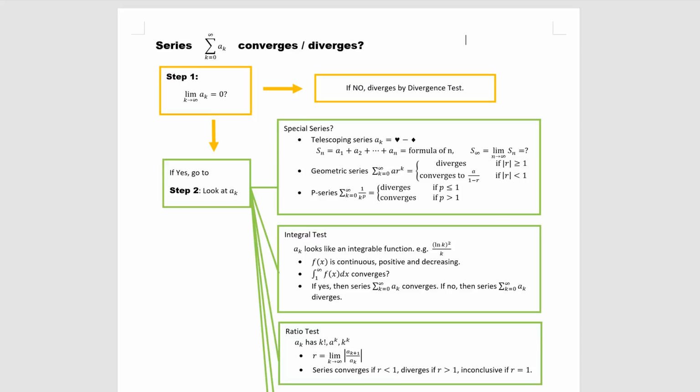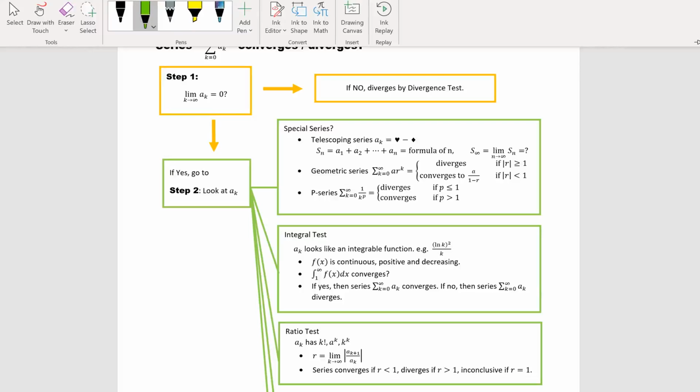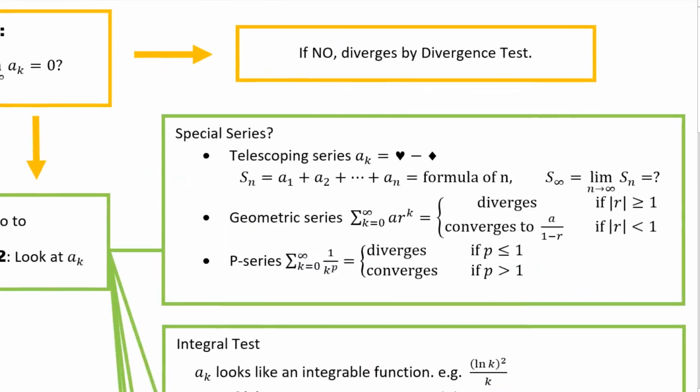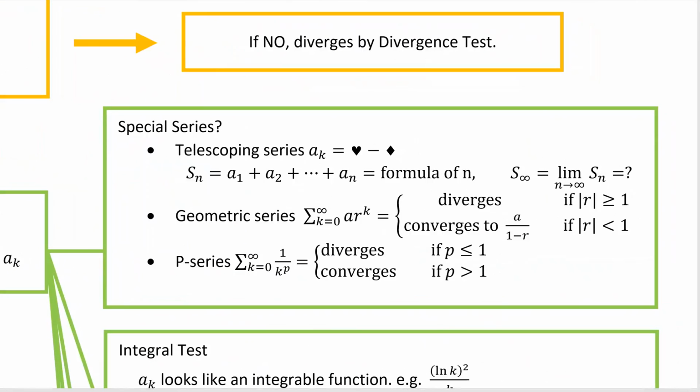If the absolute value of the ratio is less than 1, then the series converges to the first term over 1 minus the ratio. I don't want you to just use the formula with a, because sometimes if your k does not start with 0, then it's not necessarily a. So I hope that you can remember that it is the first term over 1 minus the ratio.